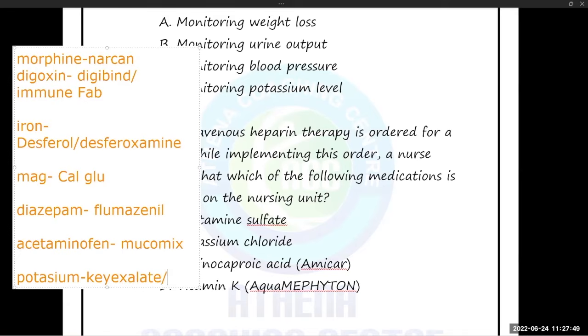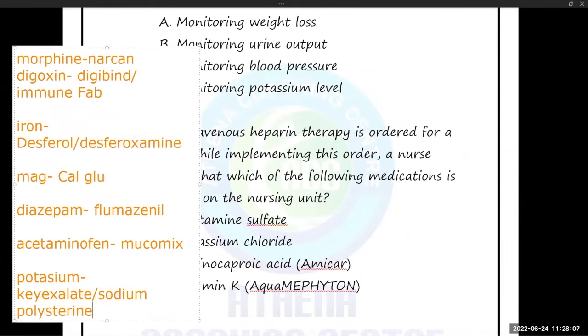Or there is another name also. It's sodium polystyrene sulfonate. So there is a spelling error. Okay.